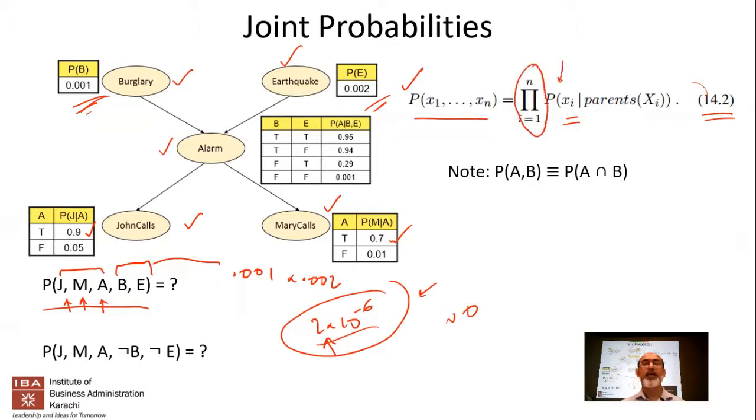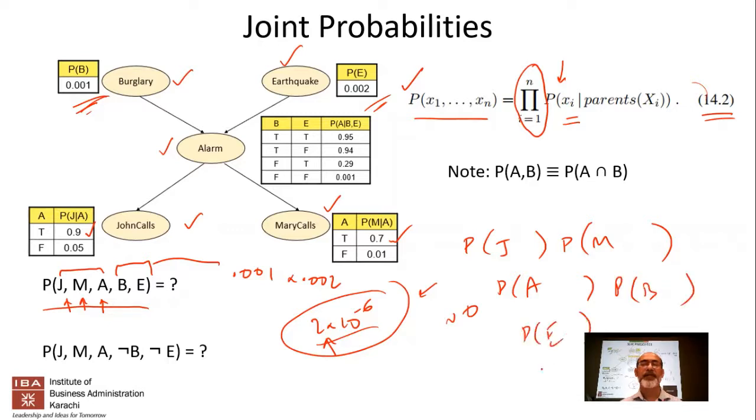A product of what? A product of each one of those values. So we're going to multiply probability of J, multiplied by probability of M, multiplied by the probability of A, multiplied by the probability of B, and multiplied by the probability of E. I'm putting in a bit of space over here.